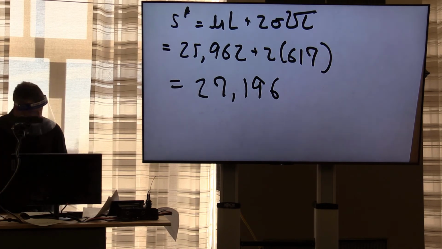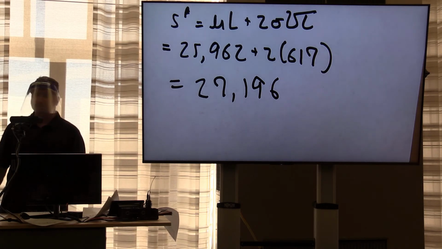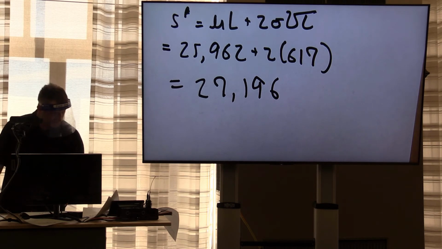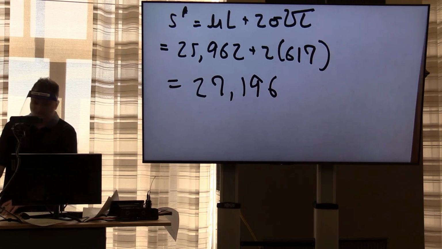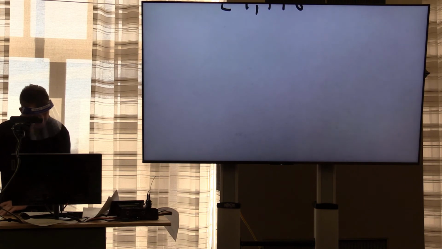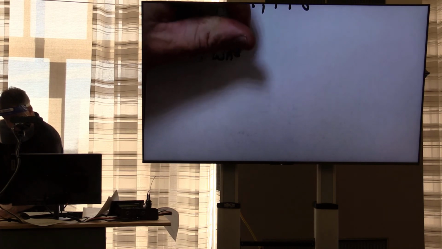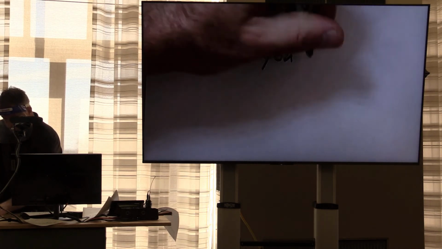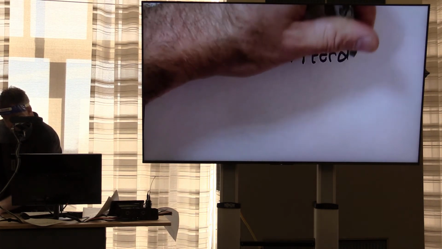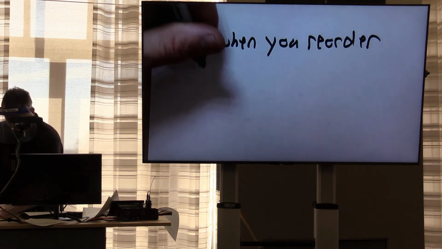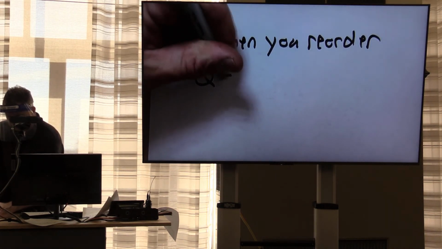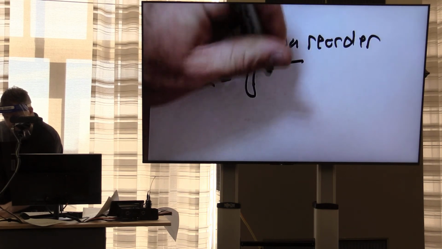And then how much should you reorder? That's number 25. So when you reorder, you're just going to use the same formula because it's a reasonably good formula.